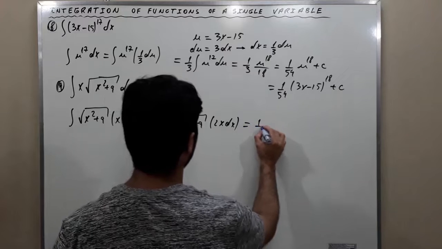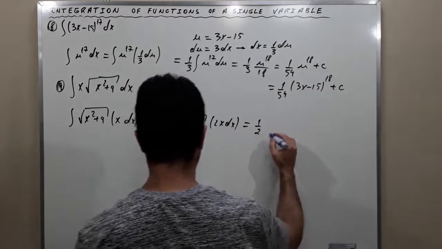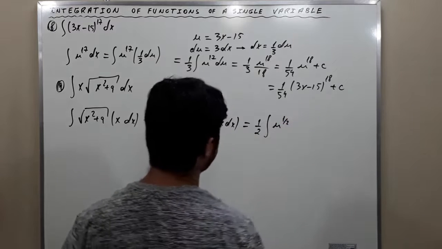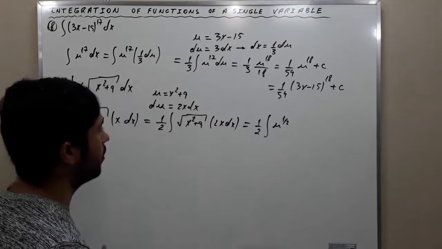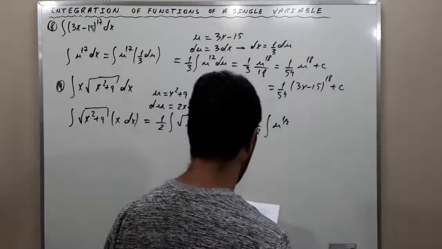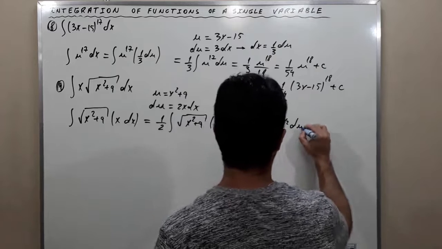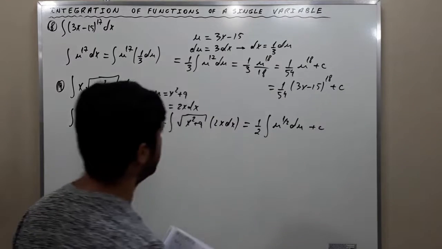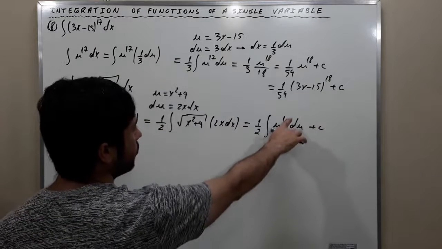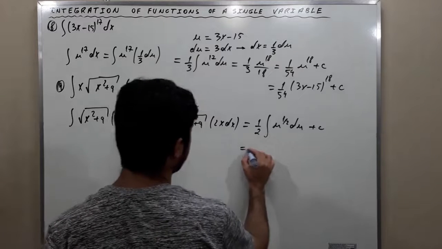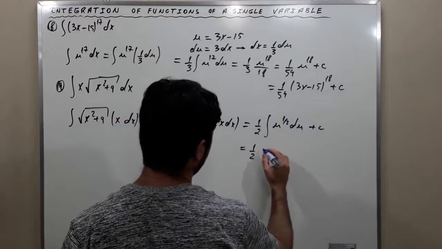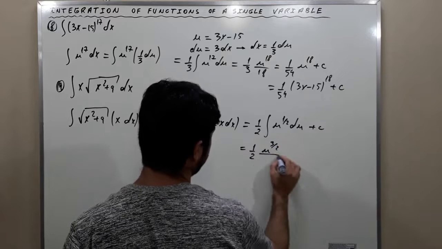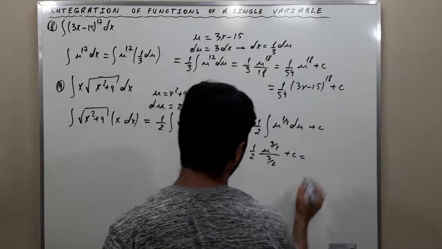It becomes then a half of the integral of u raised to the power of a half du, because this here is du, plus a constant of integration here. I add 1 to the exponent, and it becomes a half of u to the 3 and a half divided by 3 and a half, plus a constant of integration.